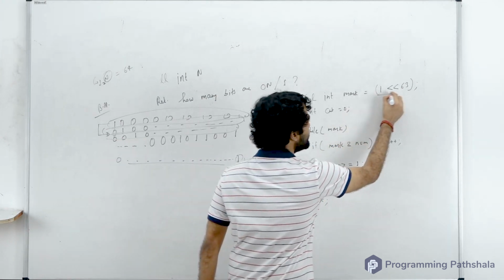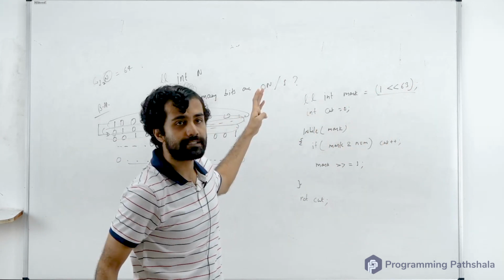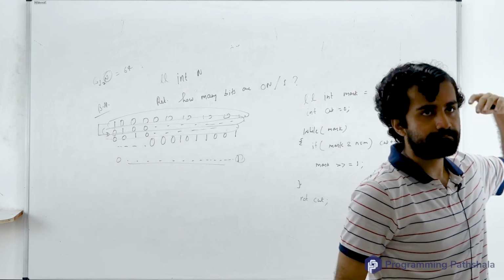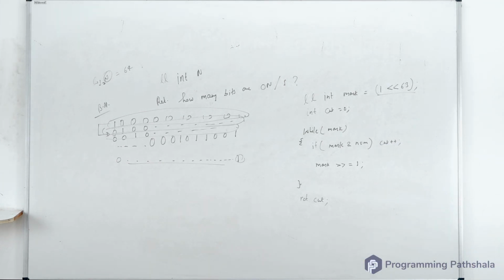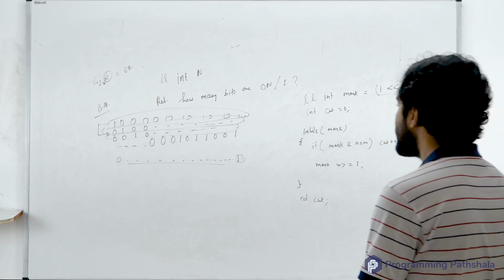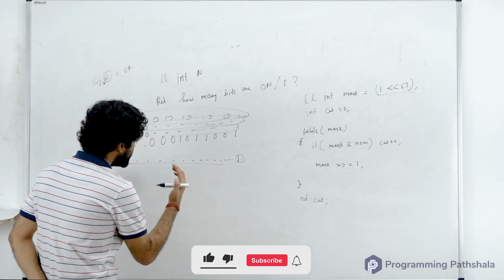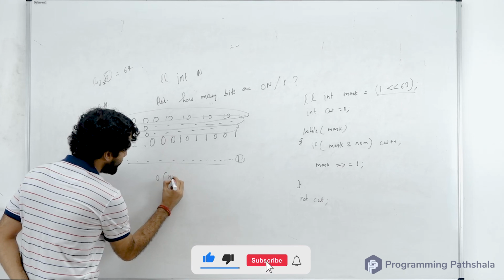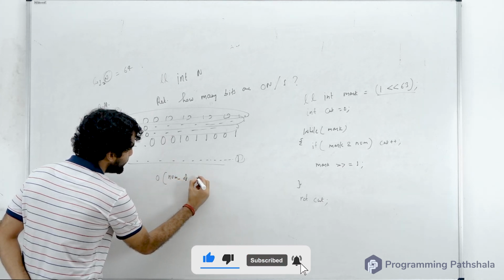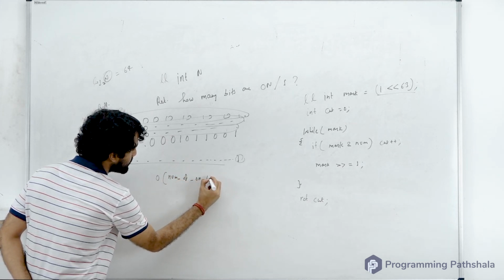So here you always start with the 63rd bit position. So the time complexity of this is always order 64. So now in certain interviews there is a constraint which is being put. The constraint is that, hey, your algorithm should run in order of the number of on bits.